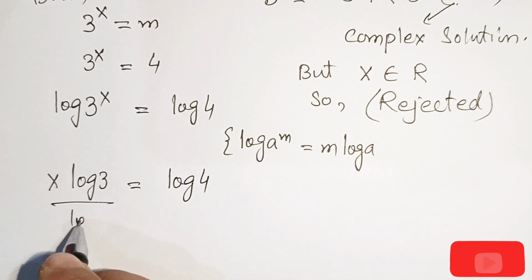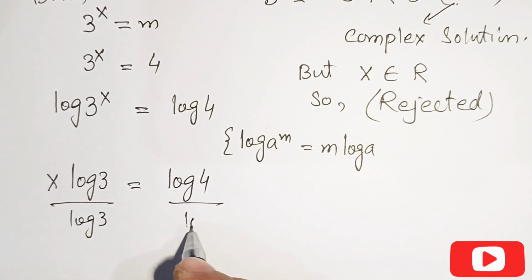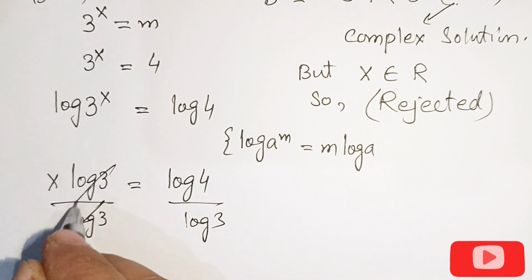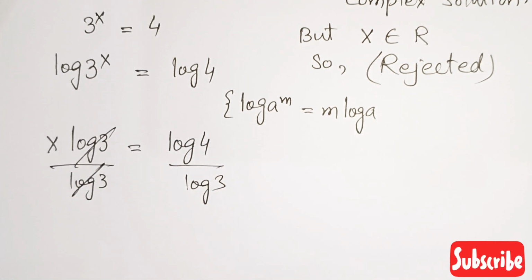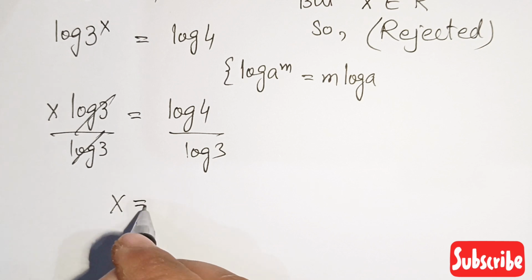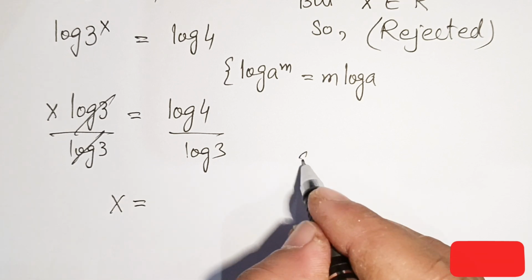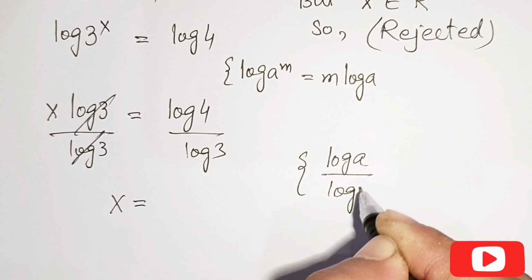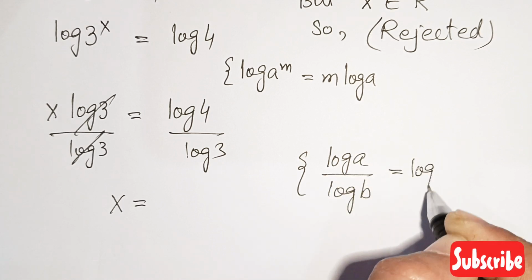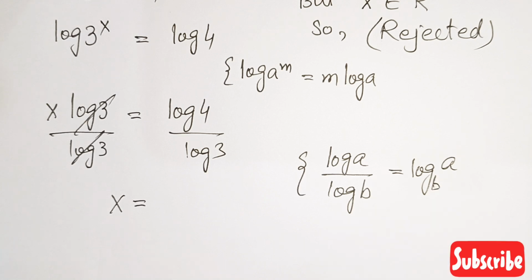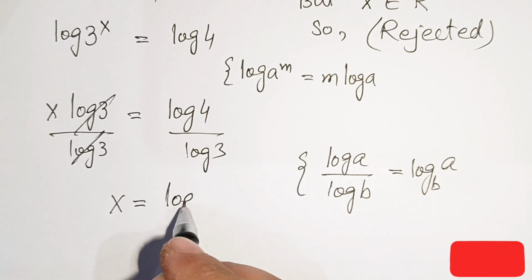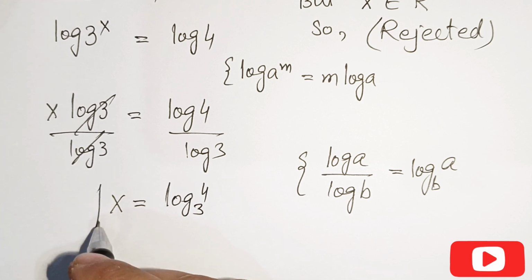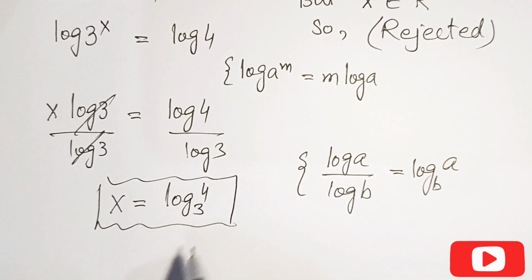Now dividing both sides by log 3, this log 3 is cancelled out, and we get the value of x. Here we are going to use the logarithm law: if we have log a over log b, then it is equal to log a to base b. So here log 4 to base 3 is the value of x.